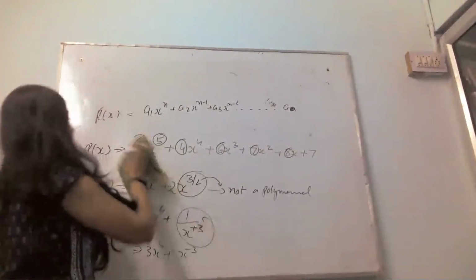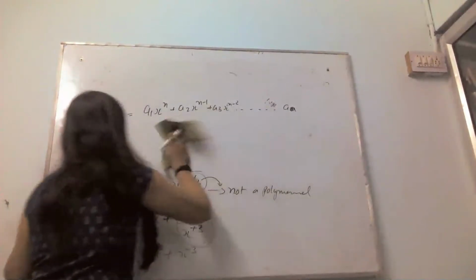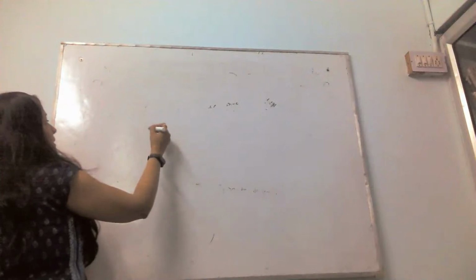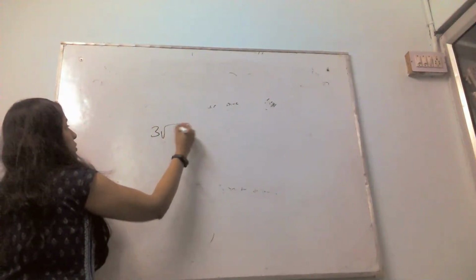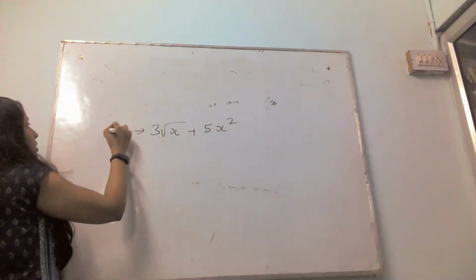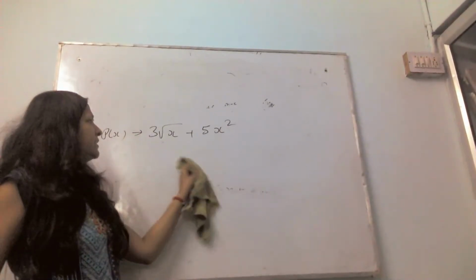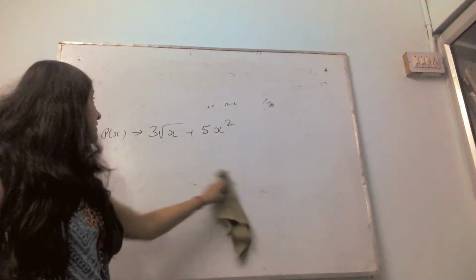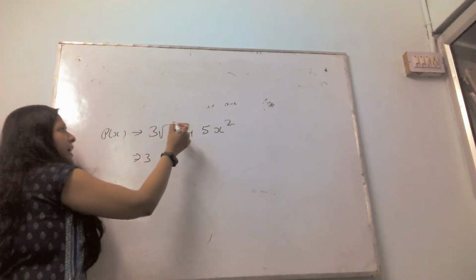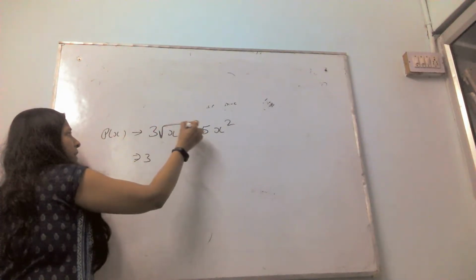We will take another example. Say, 3 root x plus 5x square. Is it a polynomial? In one sense, you may think that it is a polynomial. No, it is again not a polynomial. Why? Because you are all familiar with this sign.